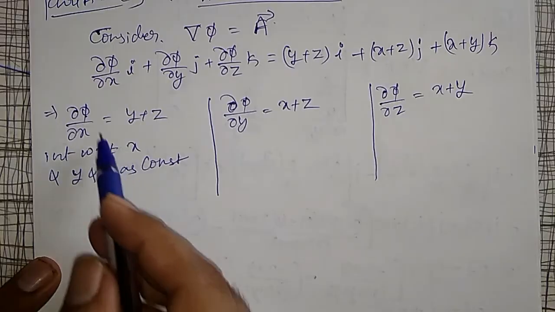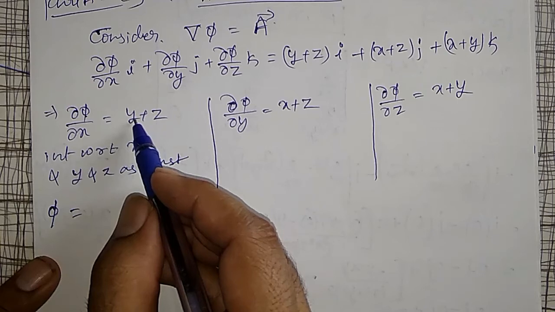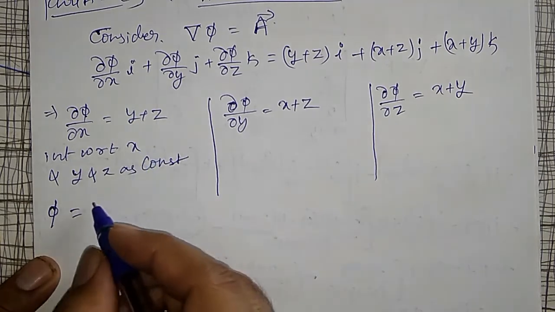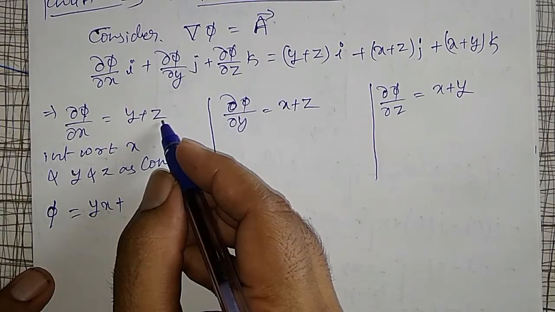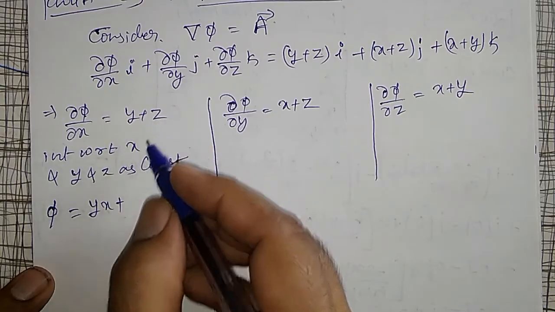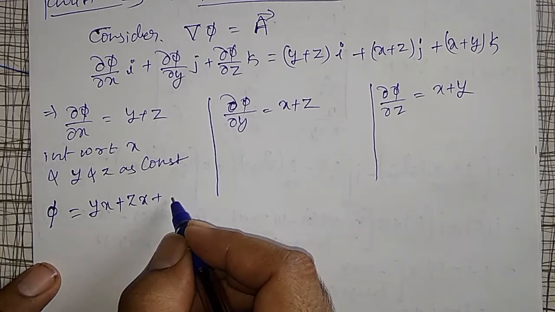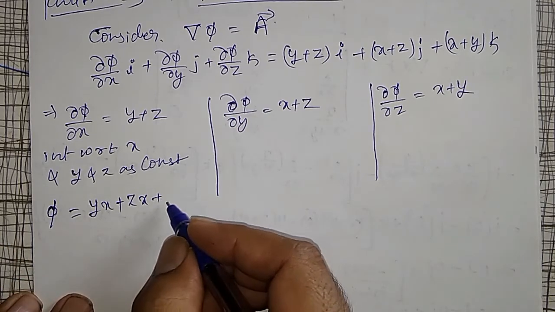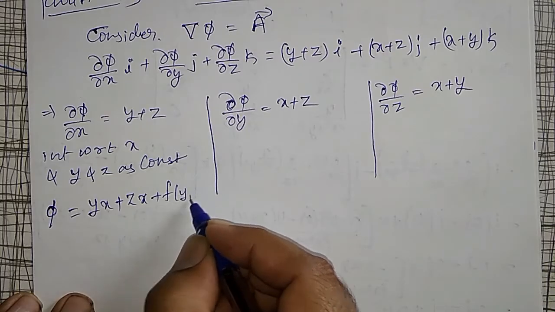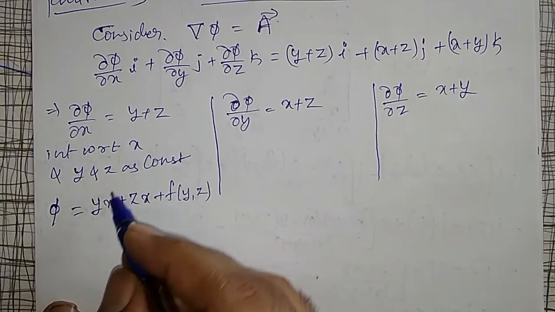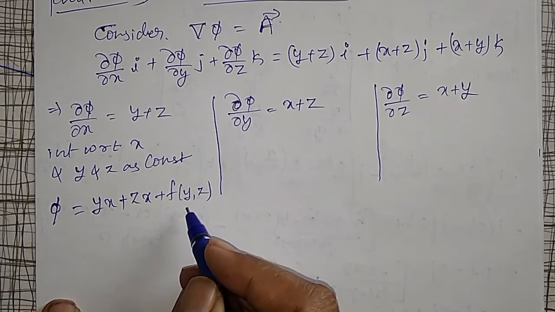Therefore, phi is equal to yx plus zx plus a constant of integration. Instead of a constant of integration, let me write it as some function of y and z, because y and z are constants.